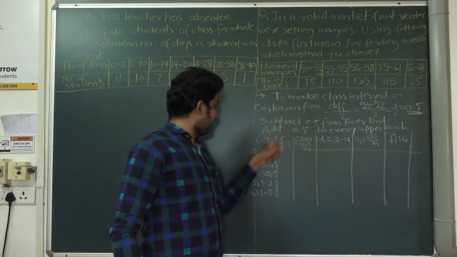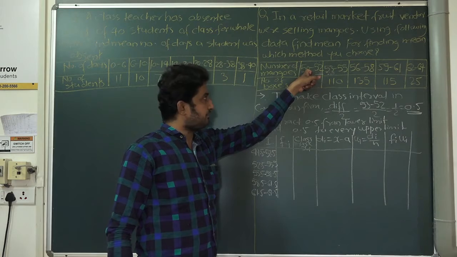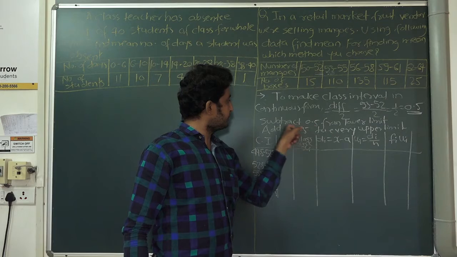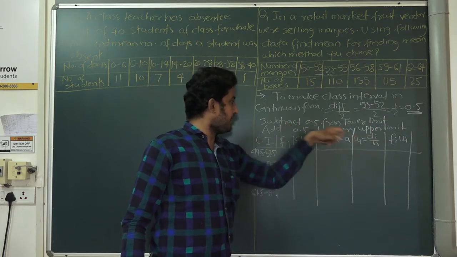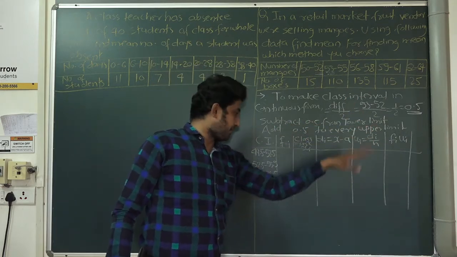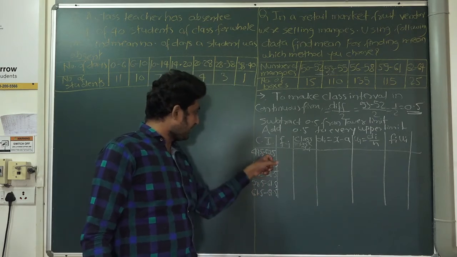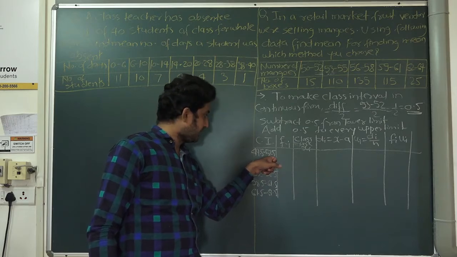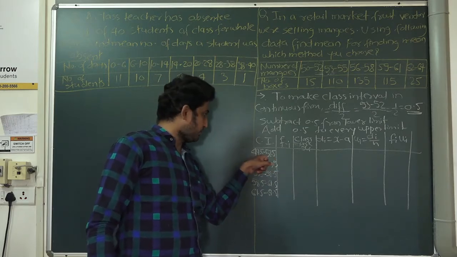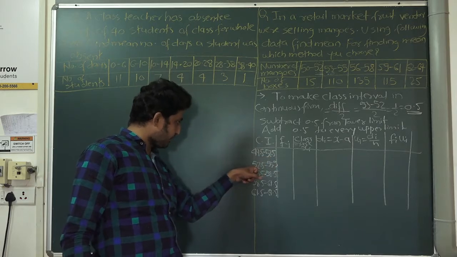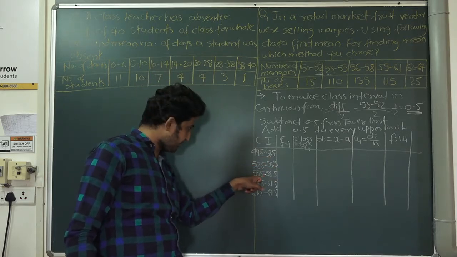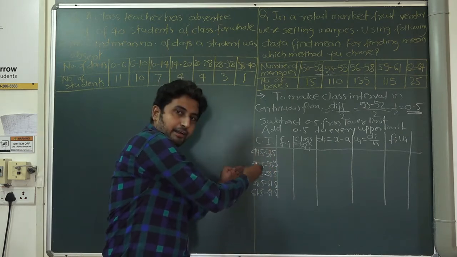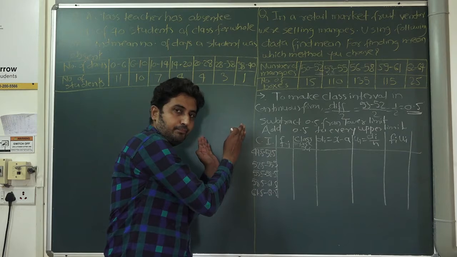We subtract 0.5 from every lower limit, and we add 0.5 to every upper limit. So that we can get continuous class intervals like 49.5 to 52.5, then 52.5 to 55.5, again 55.5 to 58.5, so that the class intervals are in continuous form.